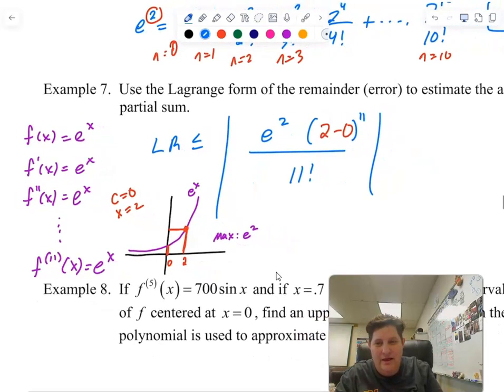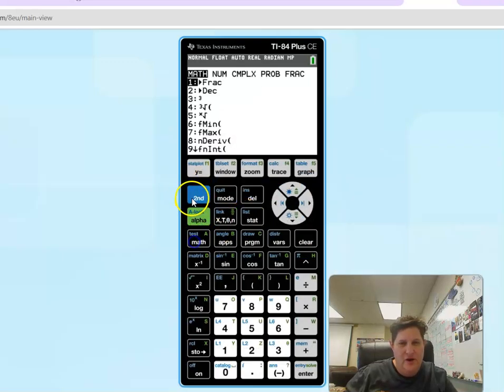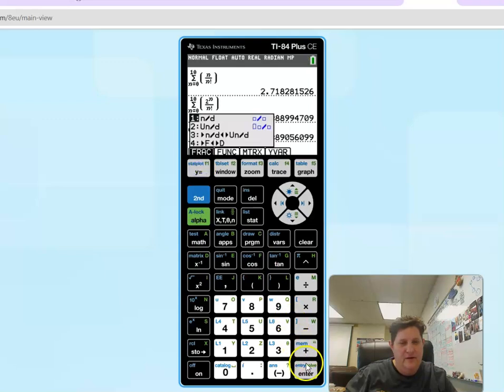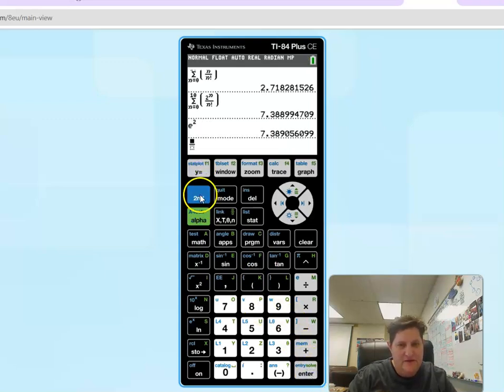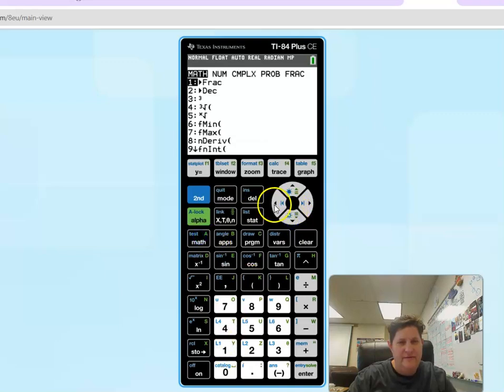First, before I talk about this, let's go ahead and type this in. It's a fraction. It's e to the 2, and then it's 2 to the 11th over 11 factorial.